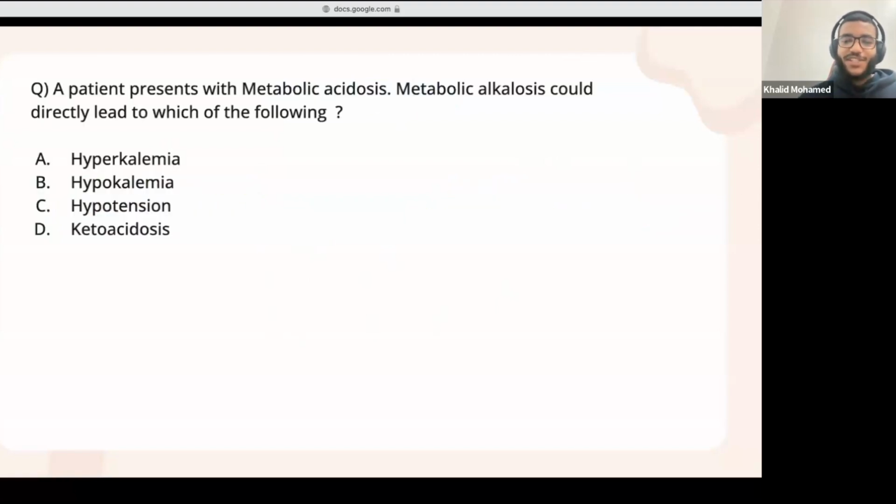So this is a follow-up question on the same concept. A patient presents with metabolic alkalosis. Metabolic alkalosis could directly lead to which of the following?